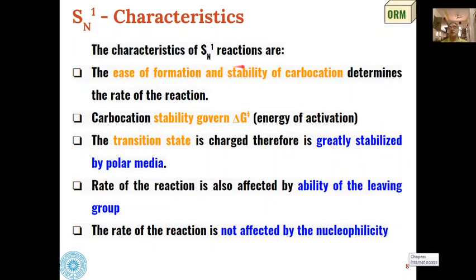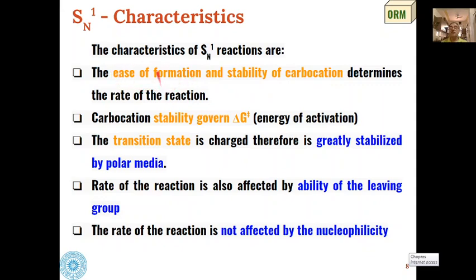The characteristic of SN1 type of reaction is that the rate of the reaction will depend on the stability of the carbocation and how easily that carbocation can be formed.